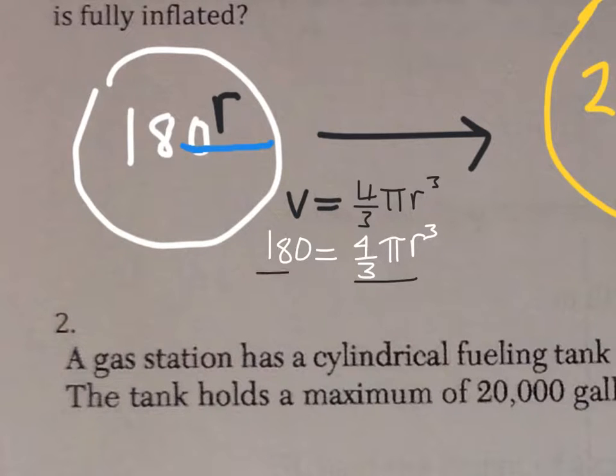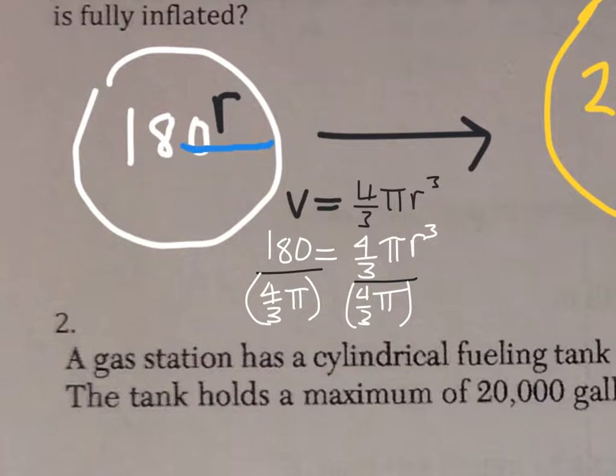Do some division. And if you can, divide it all in just one big gigantic step. So we're going to divide both sides by 4/3 pi. If you use this trick to do it in just one step, what do you have to remember to do? Put parentheses around the denominator.